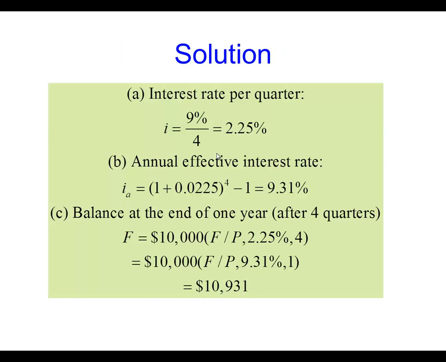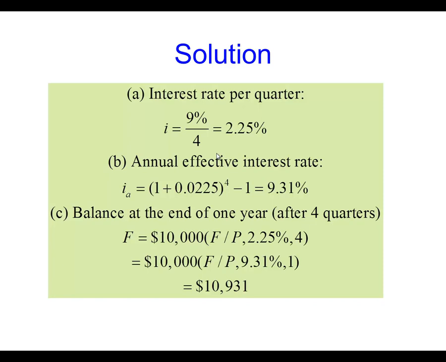So the interest rate per quarter will equal 9 divided by 4, which is equal to 2.25%. The annual effective rate will equal 1 plus 0.0225, and all that to the power 4.